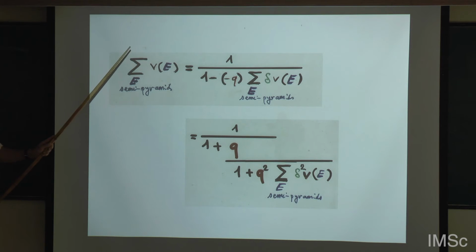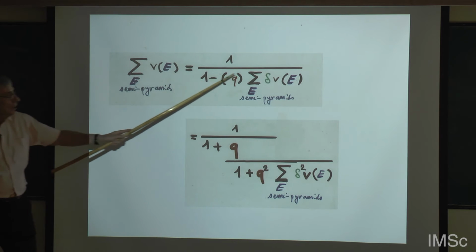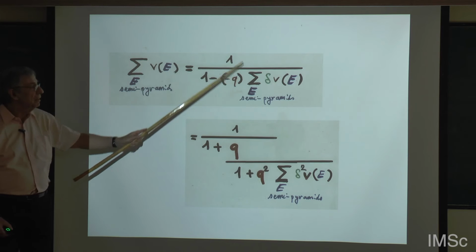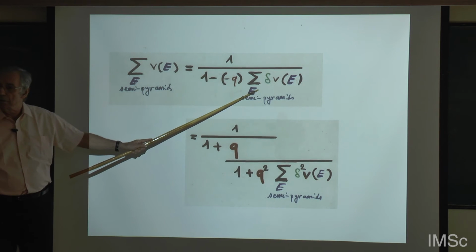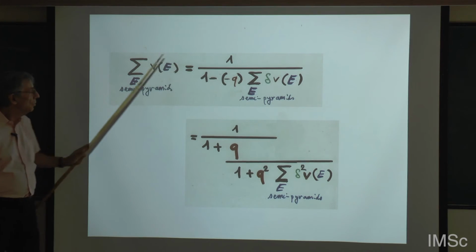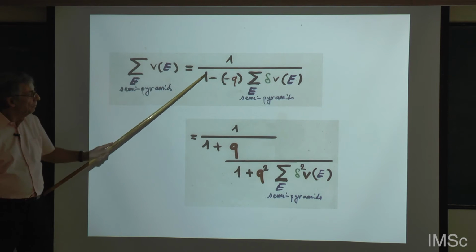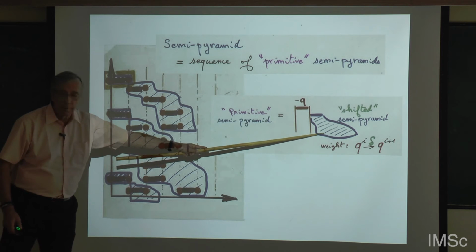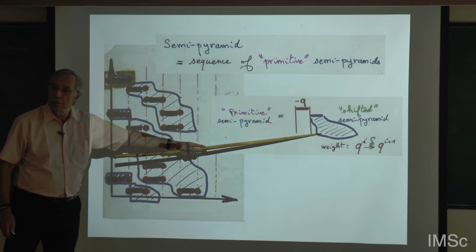So now I apply the general lemma of symbolic calculus, that if you know the generating function of primitive semi-pyramids, then the sequence of primitive semi-pyramids is 1 over 1 minus the generating function of primitive semi-pyramids. So the generating function of semi-pyramids is 1 over 1 minus q multiplied by the weight of a shifted semi-pyramid.